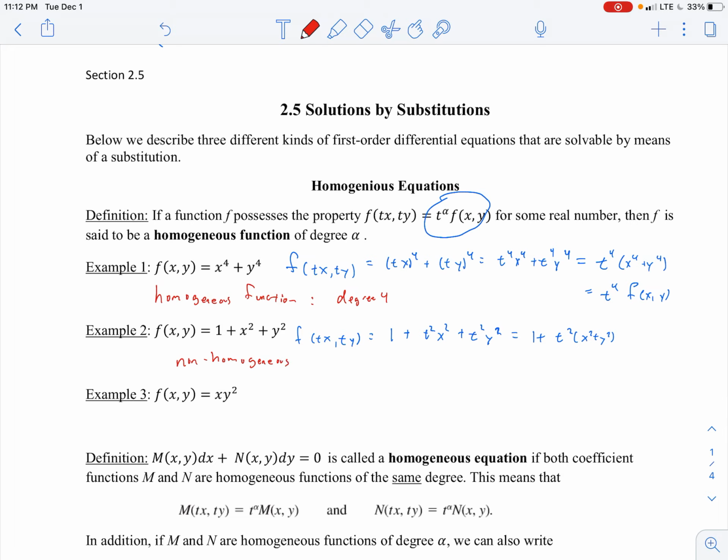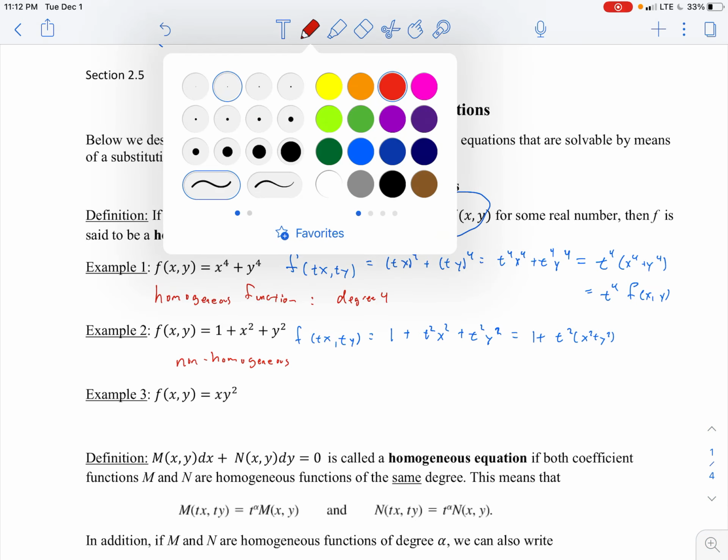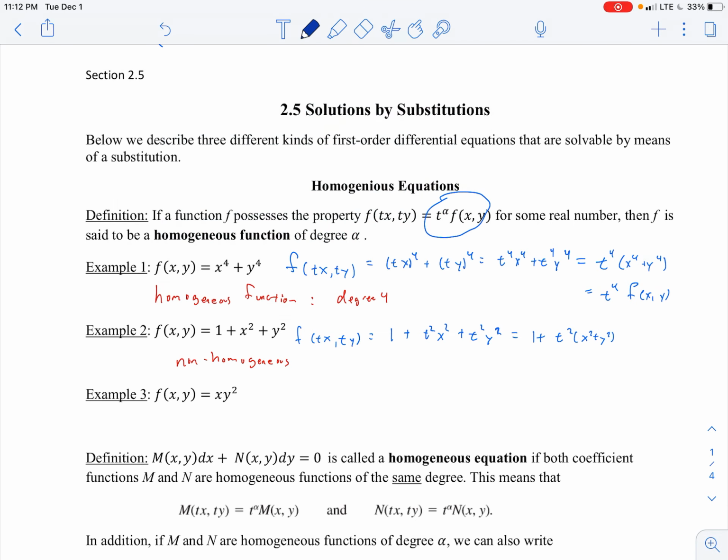Now, let's look at example 3. See if that's homogeneous. All we're going to do is substitute in tx, ty.